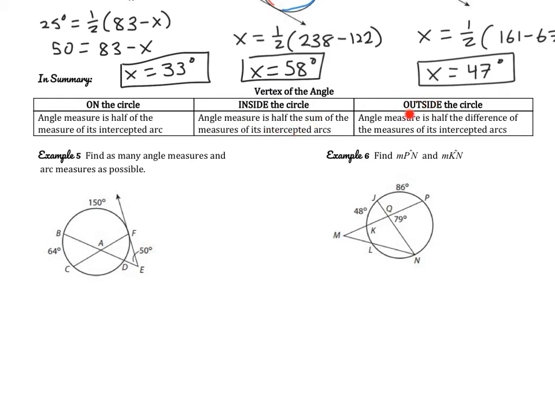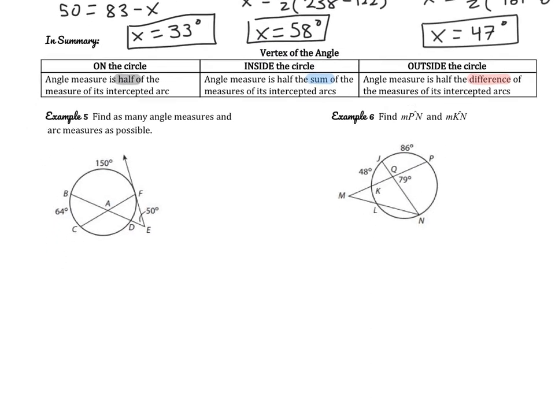And if they intersect outside the circle, the angle measure is half the difference of the measure of the intercepted arc. So remember here, if it's inside, it's the sum of the intercepted arcs, and then here it's the difference. And then on this first one, it's just half the measure of the intercepted angle. So there's just a single angle to work with.